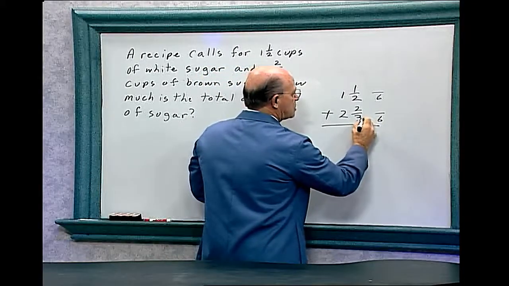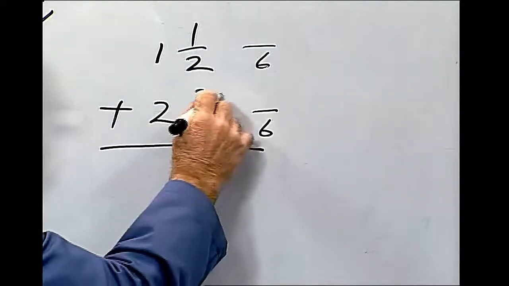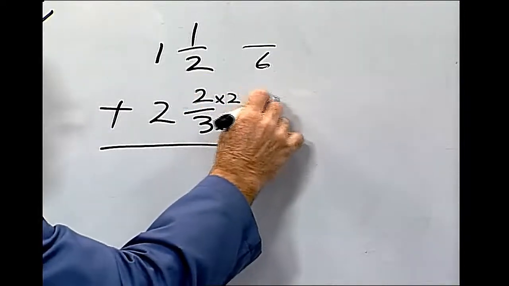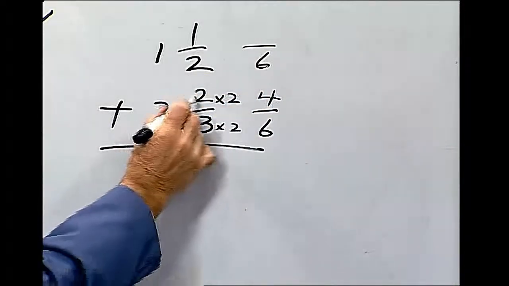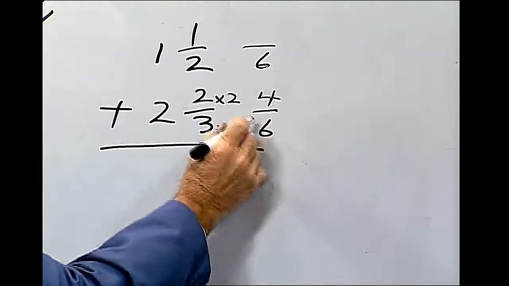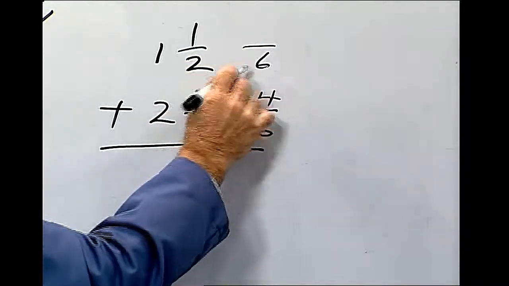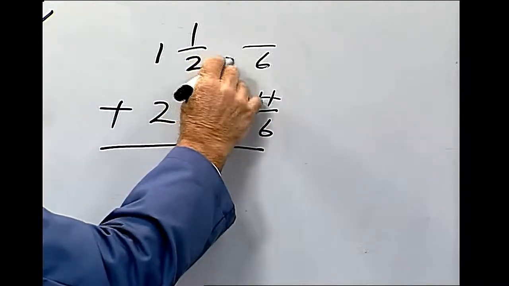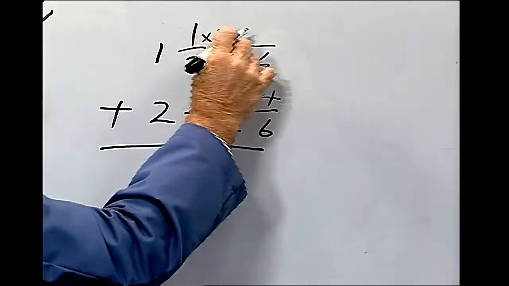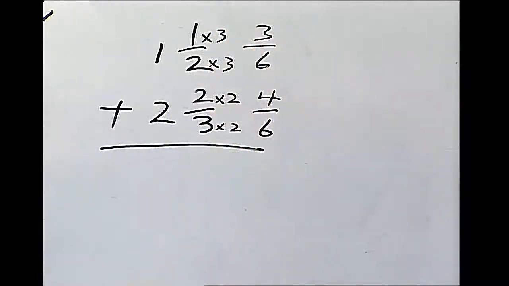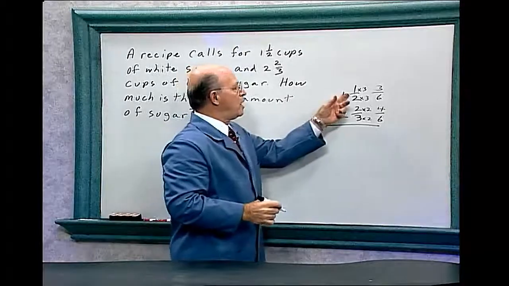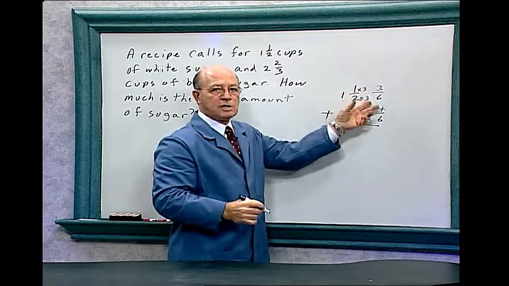3 goes into 6 2 times, so it's 3 times 2 times 2 equals 4/6, so 2/3 equals 4/6. And 1/2, 2 goes into 6, goes 3 times, 3 is 3/6. And remember, 1/2 is the same as 3/6.